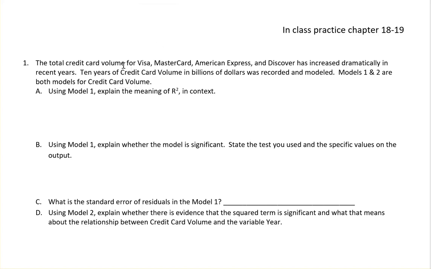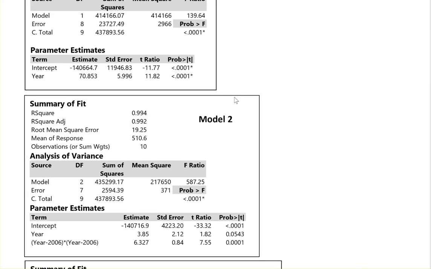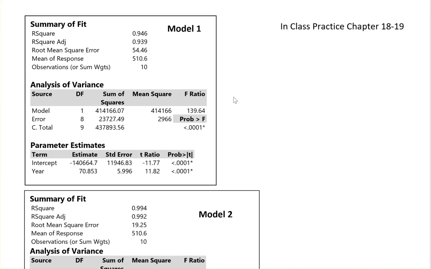Actually, for this question, we will focus on Model 1 and Model 2, right? So let's go up to see what's the difference between Model 1 and Model 2. Okay, so this is Model 1. We still have 3 tables. The summary of fit table tells you the general information about this regression.